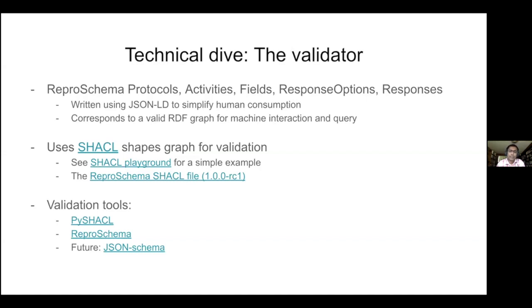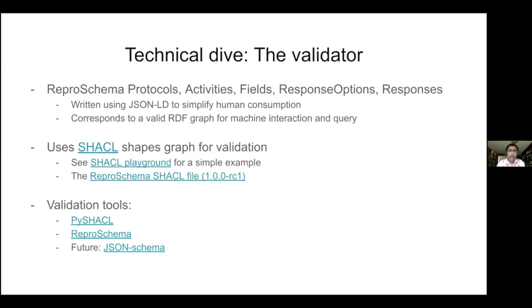We use SHACL shapes for validation, and this allows us to validate the structure of graphs. You can use the SHACL playground for a simple example. I won't go into this now. We have released a version for our current release candidate of the schema that you can use to validate any data document that you create using the schema. There are various validation tools.